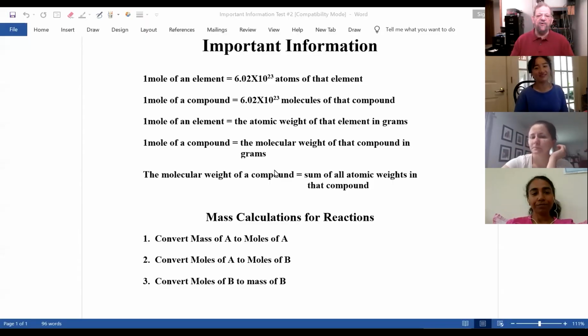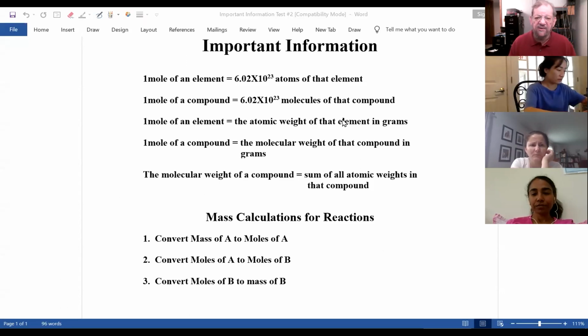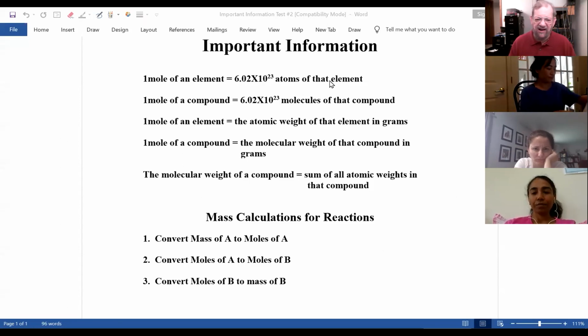I'd like to remind you, and I'll put some more important information in test 2. You should know 1 mole of an element equals Avogadro's number, 6.02 times 10 to the 23rd atoms of that element. 1 mole of a compound equals 6.02 times 10 to the 23rd molecules of that compound.